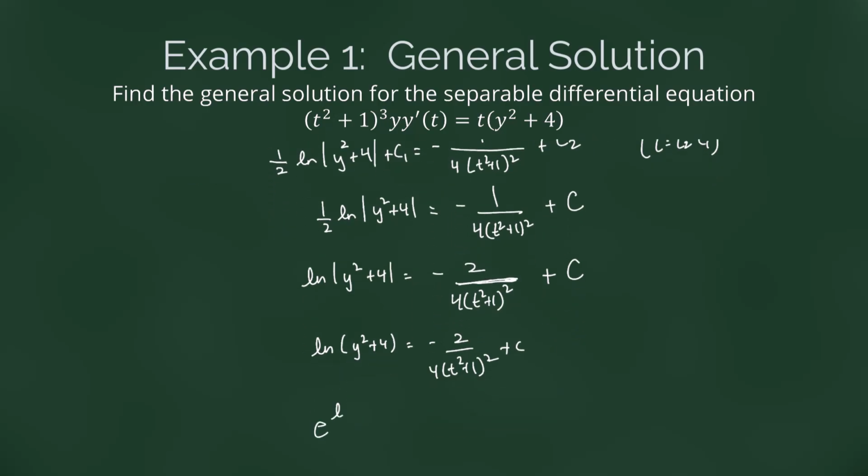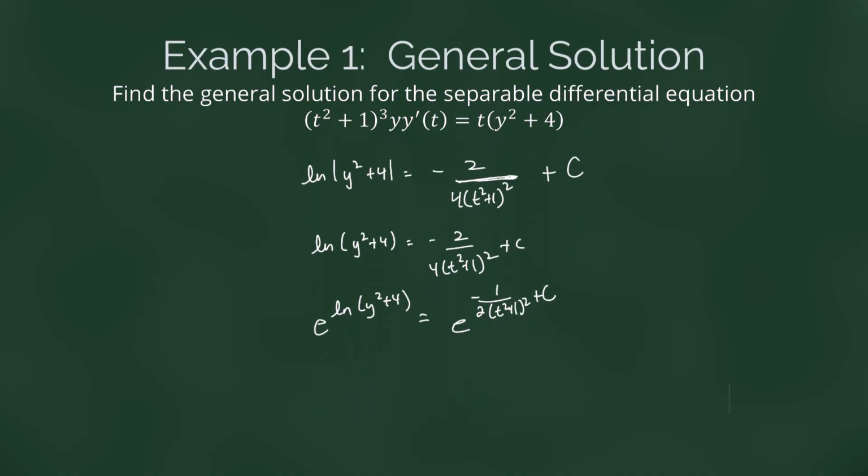And then we can solve that logarithmic equation. We get that e to the natural log of y squared plus 4 is equal to e to the negative 2 over 4, we can simplify the 2 and the 4, so we get negative 1 over 2 times t squared plus 1 squared plus c, giving us that y squared plus 4 equals e to the negative 1 over 2 times t squared plus 1 squared times e to the c.